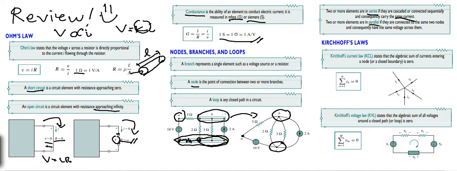If we have this circuitry, we say they are in series if and only if the current flowing here is the same as the current flowing there. If you have I and I here. Also, the term cascaded means they are next to each other. Here we have a resistance and a resistance also here. That is what we call cascaded.